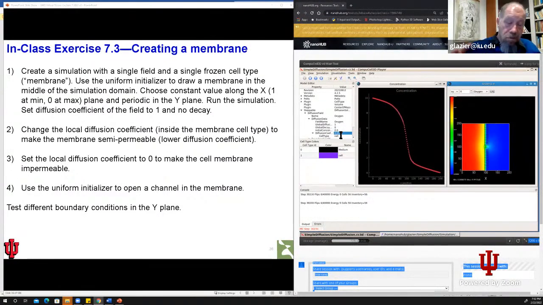Now you see the chemicals beginning to cross the membrane, not only through the channel but elsewhere. And you'll see that the concentration near the membrane is lower than it was in the center. Before it was uniform, now it's lower.